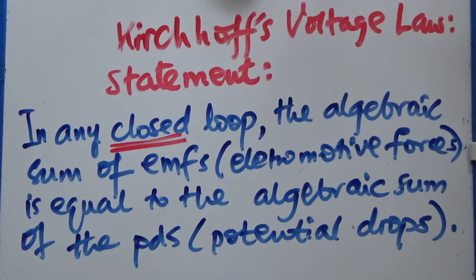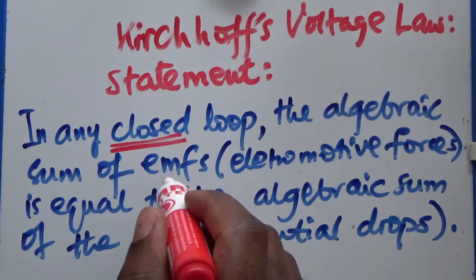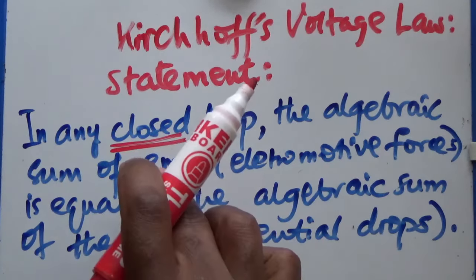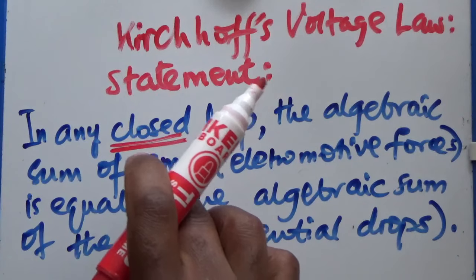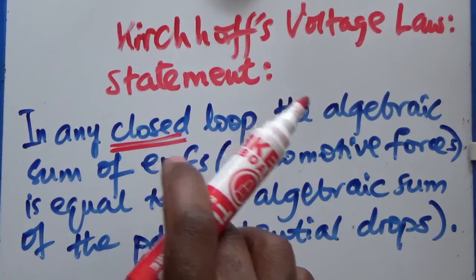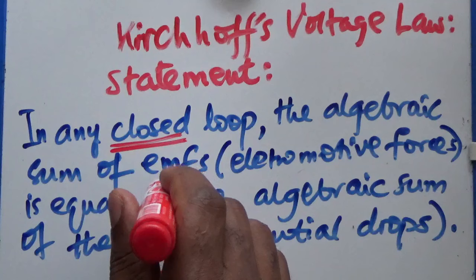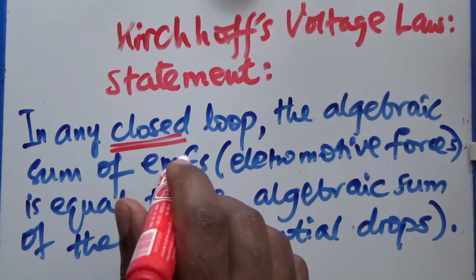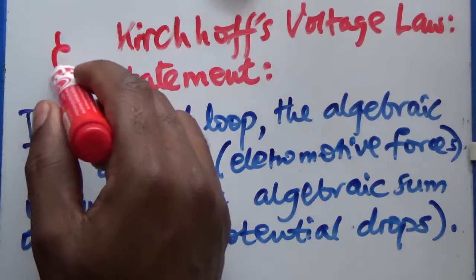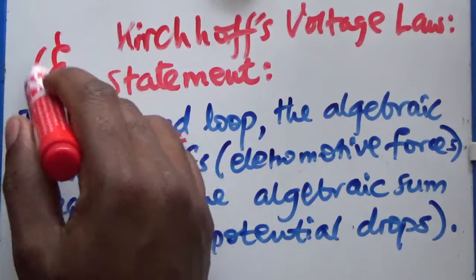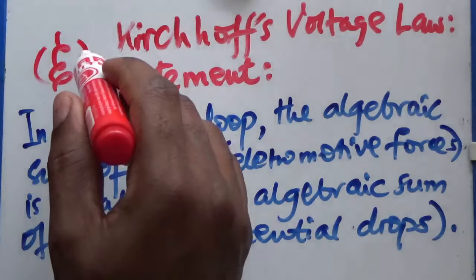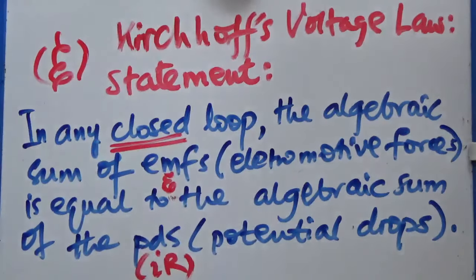The moment the current goes through, you have the current times the resistance, and this one here is just the EMF. Sometimes when I'm writing it on the board for students, I write it nicely as a nice E, something like this. Some people may confuse it with epsilon.